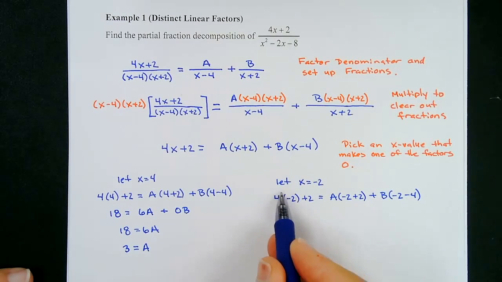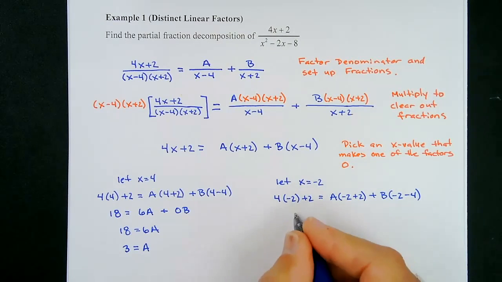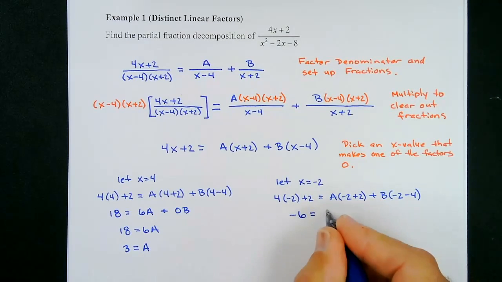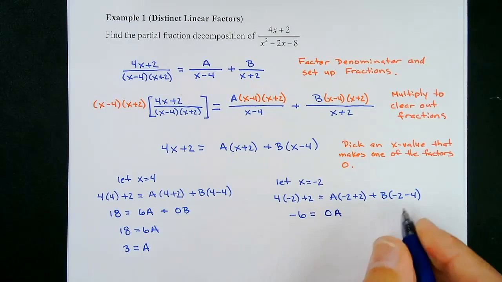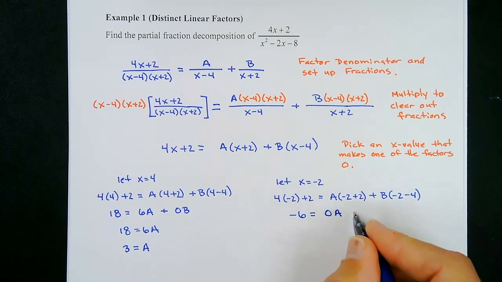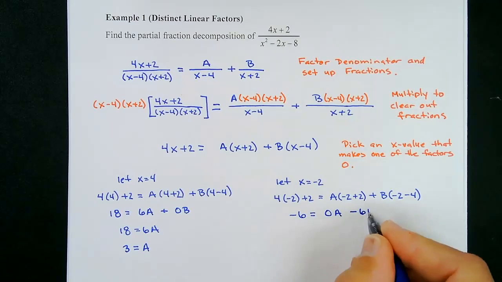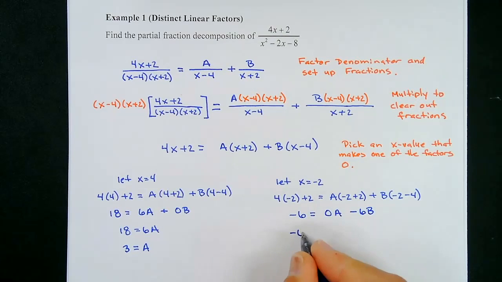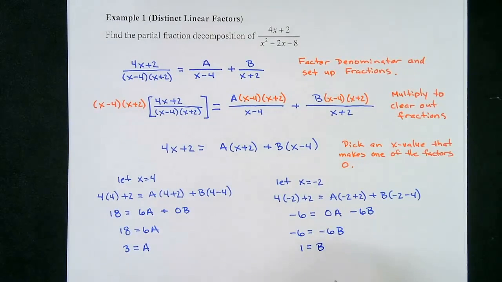So this would be -8 plus 2, which gives you -6, is equal to a times 0, or 0a, plus -6 times b, so we write -6b. And so this becomes 0. So we have -6 is equal to -6b. Divide both sides by -6, and we get 1 is equal to b. So now we know a is 3 and b is 1.